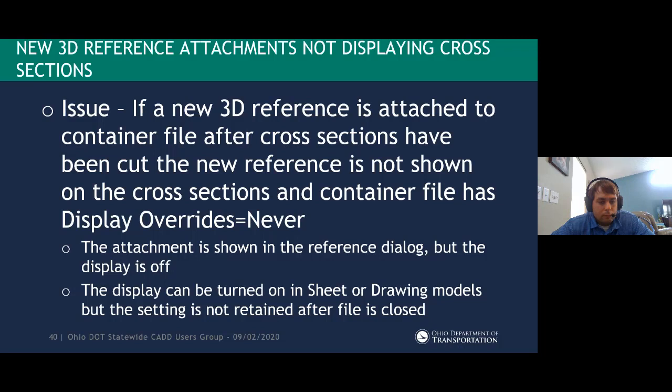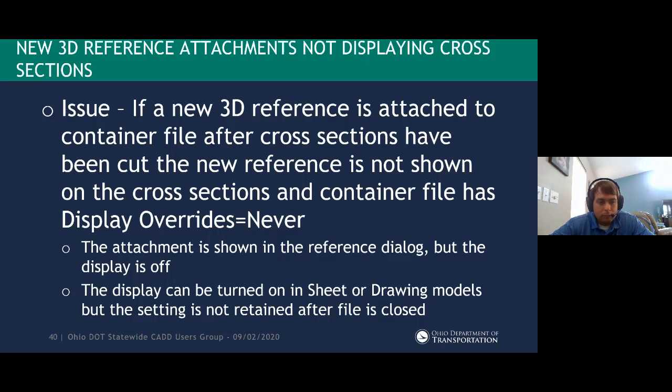So if you go through the reference dialog hierarchy and expand it down, you'll see that it's listed there, but the display is toggled off. You can turn that on or off in your sheet or your drawing models, but that is not retained after the file is closed.